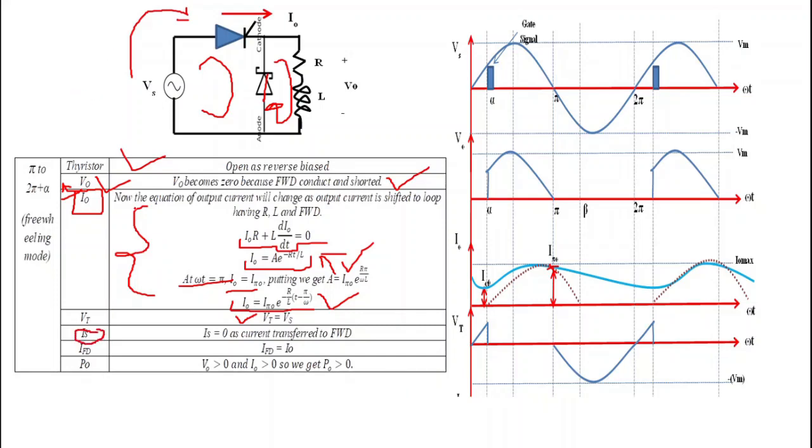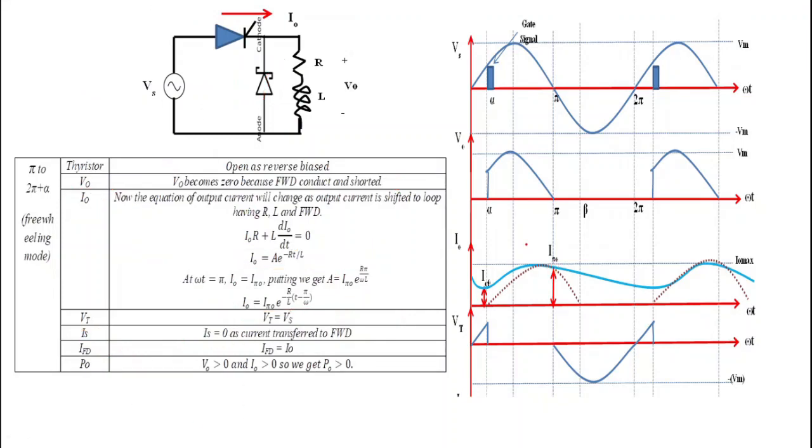Here Is will become 0 because this freewheeling diode starts conducting. And what is current across freewheeling diode? It is simply equal to output current I0. Now last is output power P0. Here output power P0 is equal to 0. Why is it equal to 0? Because V0 is equal to 0 after omega t equals pi.